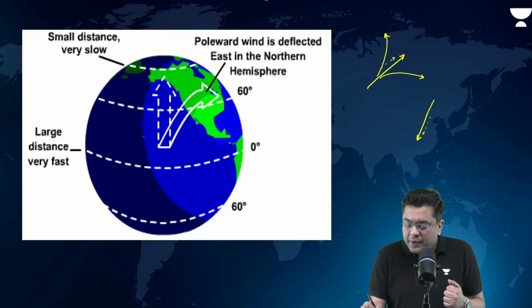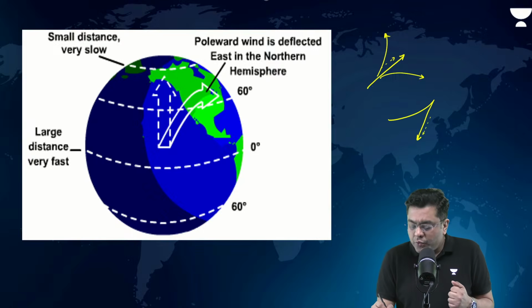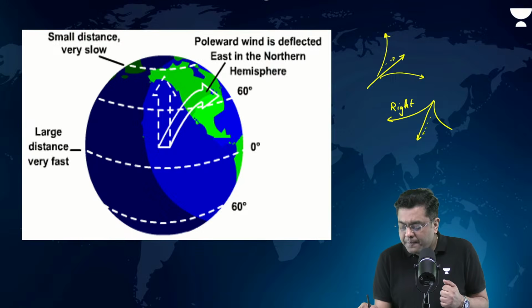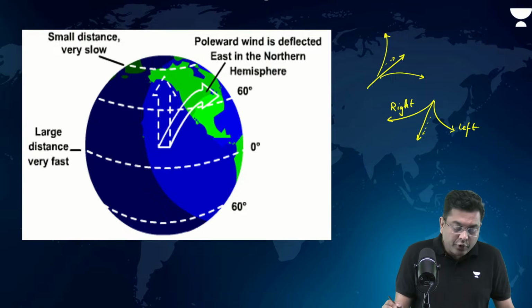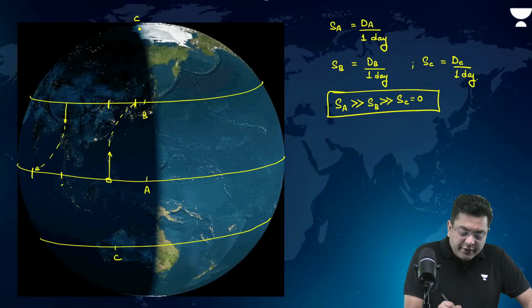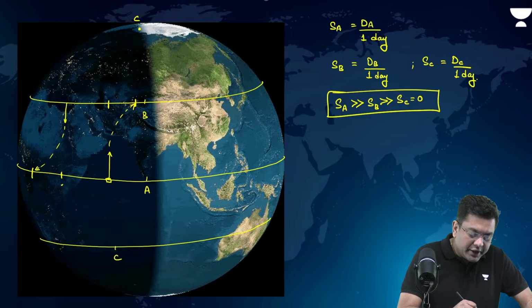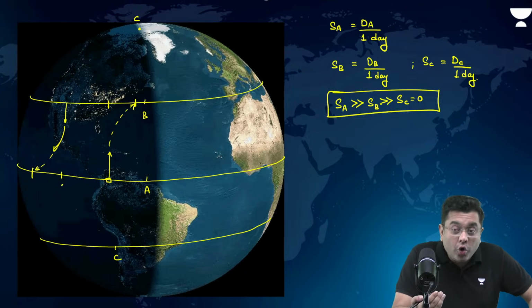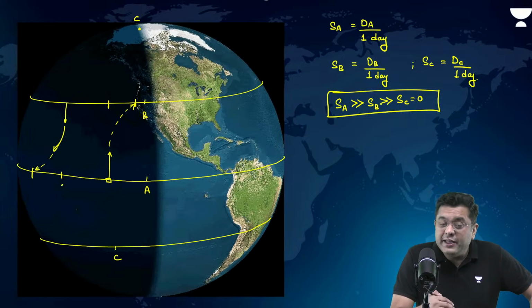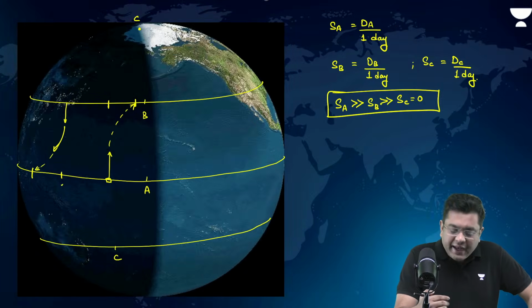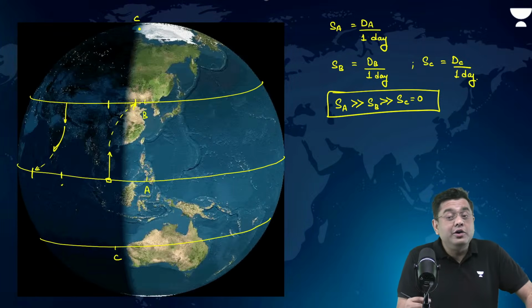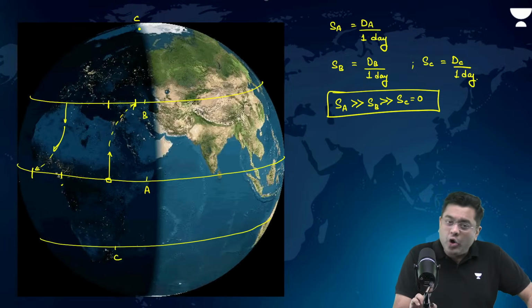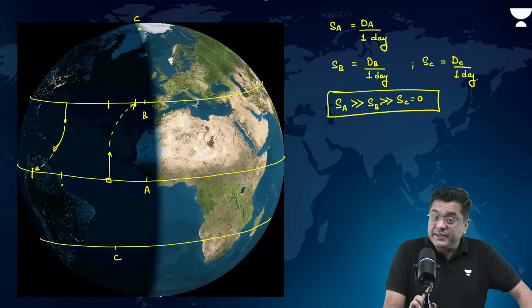Okay, then you will have rightward, right, and left. Okay, so here you can see this is the case of rightward deviation, isn't it? So always in the northern hemisphere, you will have the winds which bend to the right. Always, it will bend to the right.